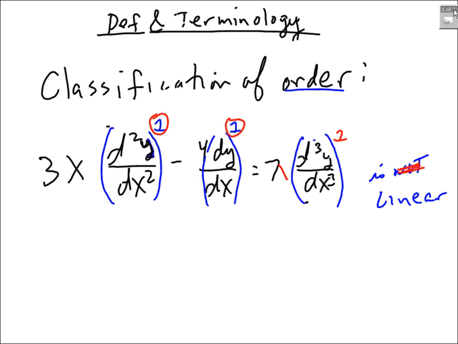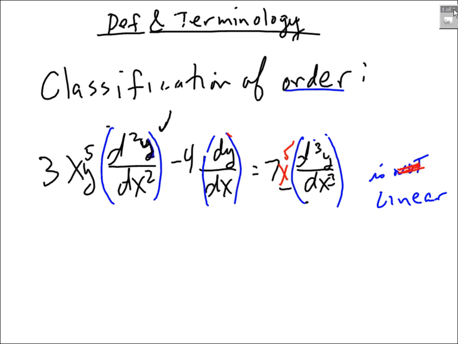And you can have 7x to the 5th, and this is still linear, because all these powers that I'm erasing are understood to be 1 for the derivative. We're talking about the power for the derivative, not the power of x, not the power of y, just the powers of the derivative.